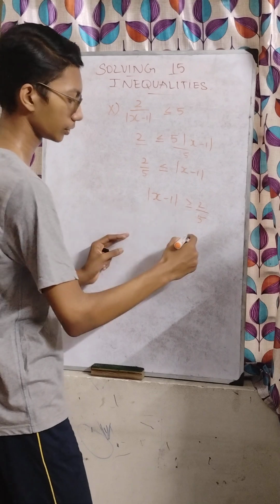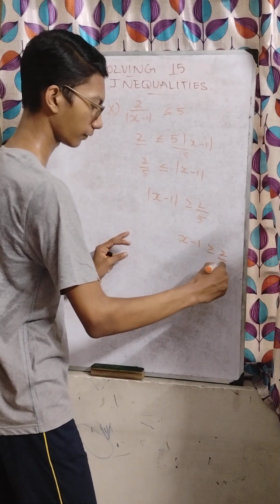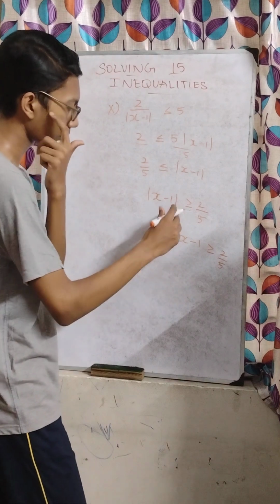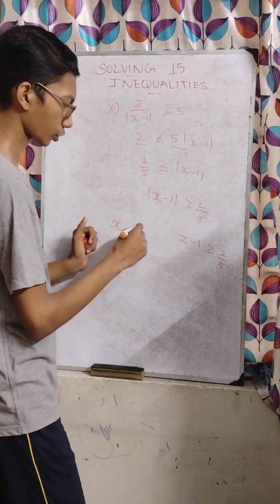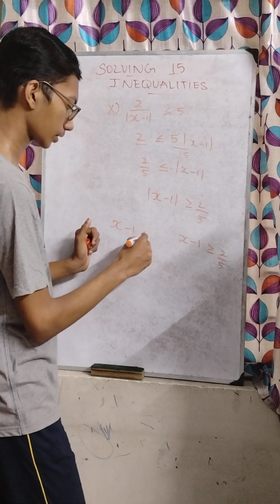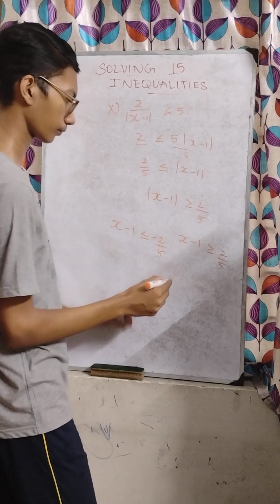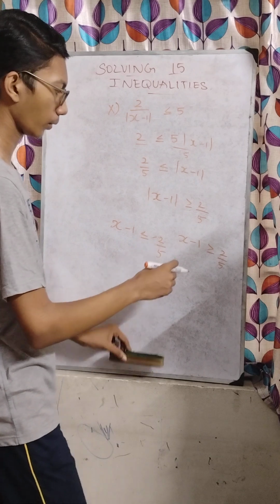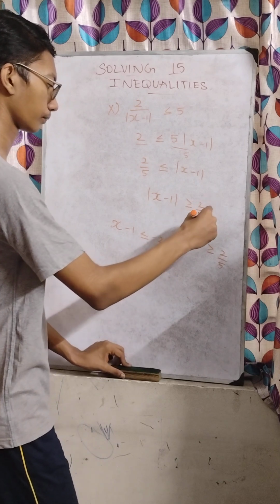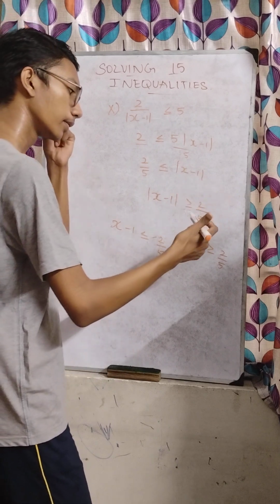Now split this into 2. x minus 1 is greater than or equal to 2 by 5, and it can take values like minus 2 by 5 and so on. So x minus 1 is less than or equal to minus 2 by 5. Wait a second. 2 by 5 is like 0.4.